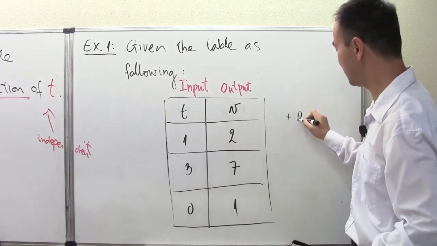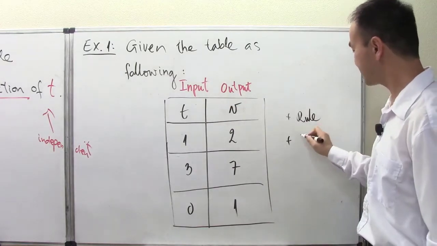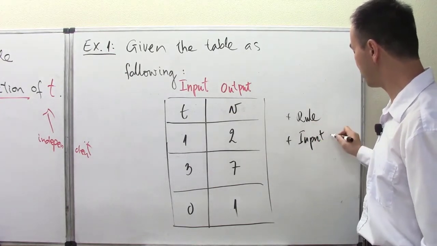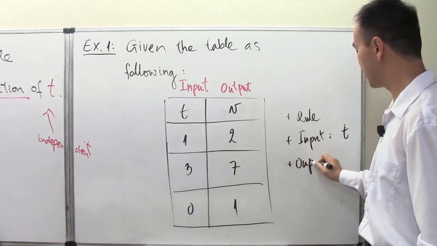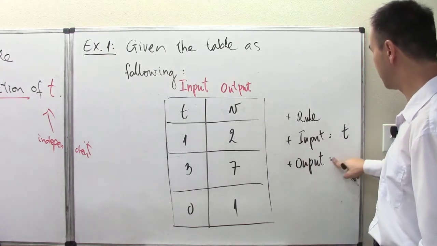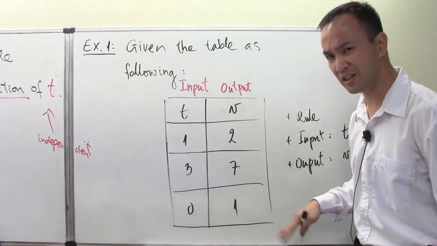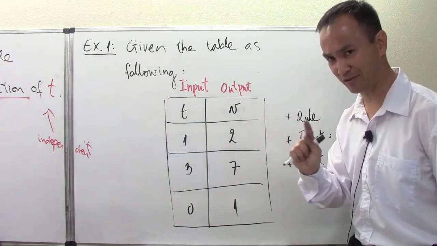Yes, it was a rule, because once we decided who's the input and who's the output, there must be a rule. In this case we want the input to be t, and we want the output to be V. So I thought it's a function, but not so fast. That's the part where we have to decide.